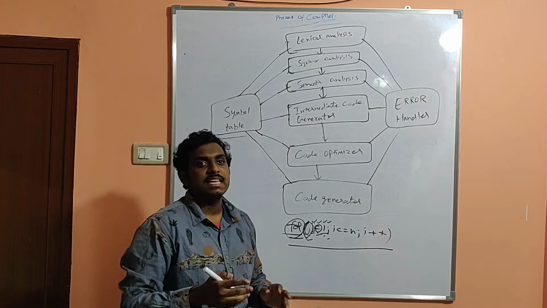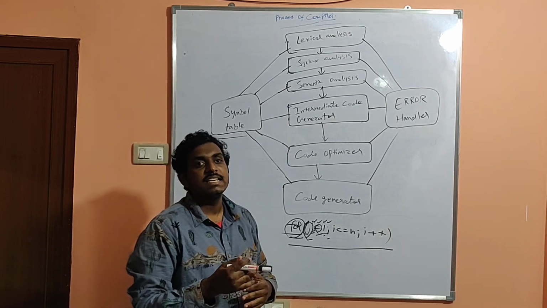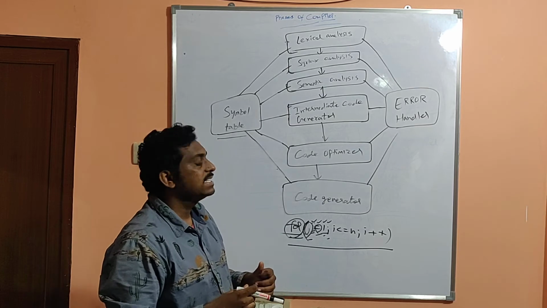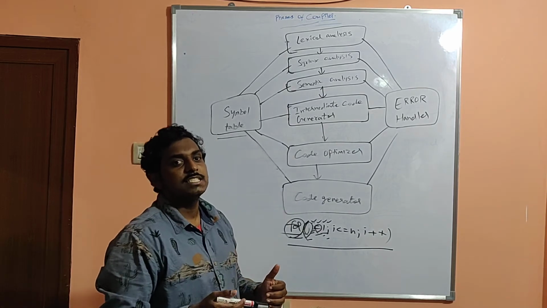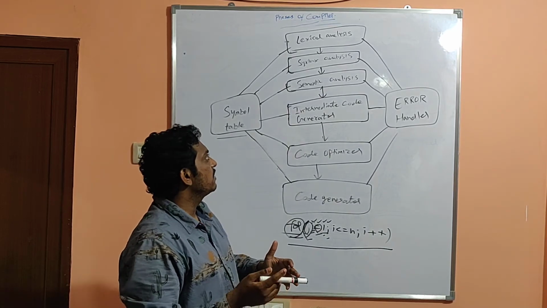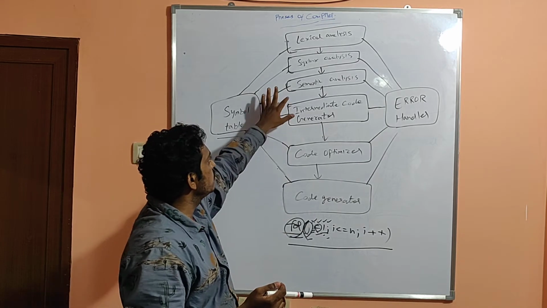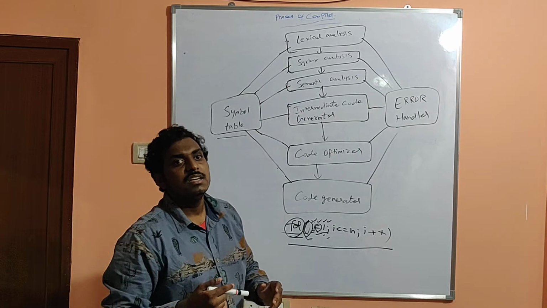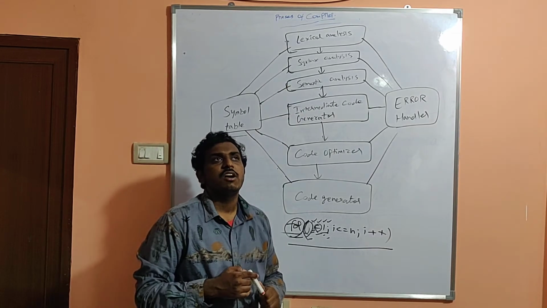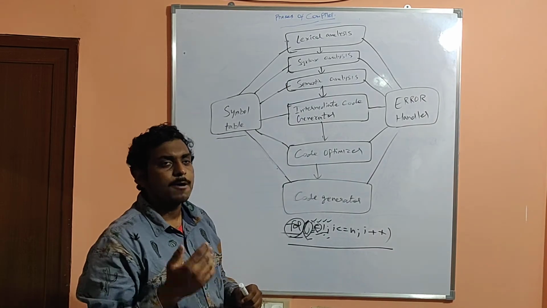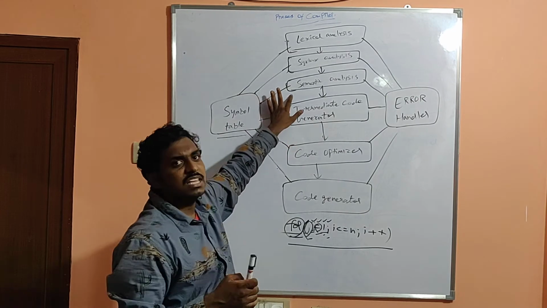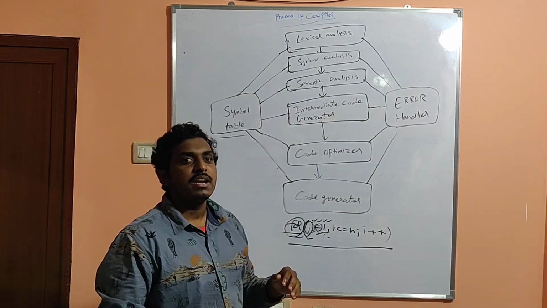In the syntax analysis, the syntax tree is generated, and the syntax tree is also called a parse tree. The syntax tree is moved to the semantic analysis. In the semantic analysis, the compiler checks whether there are any integer values in our input.